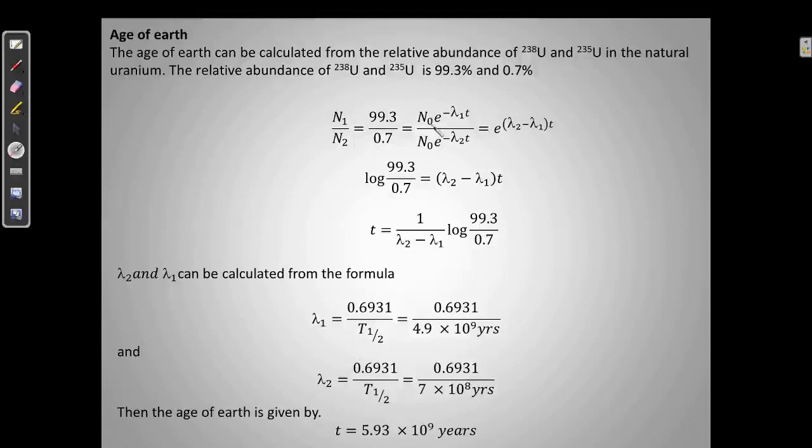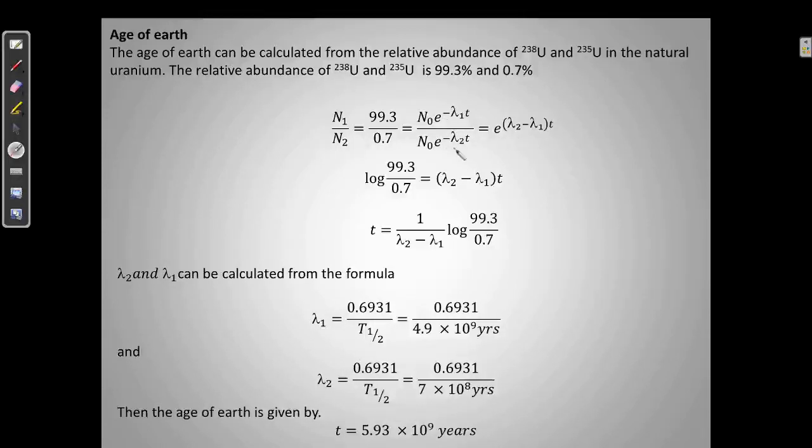N1 is N10 into e raised to minus lambda 1 t. N2 is equal to N20 into e raised to minus lambda 2 t. So N0 will get cancelled, since initially we take the same amount of the material, so N10 and N20 will be the same.